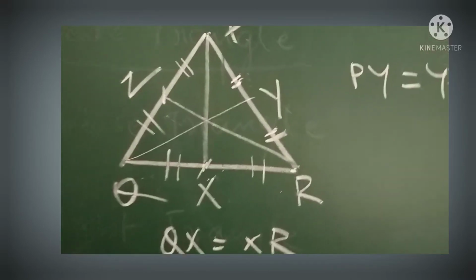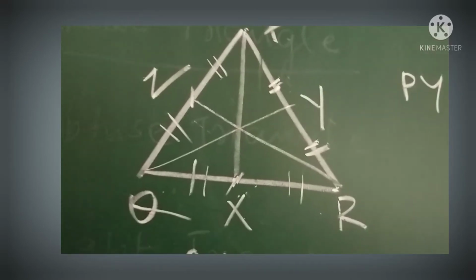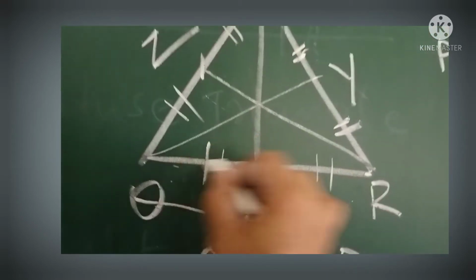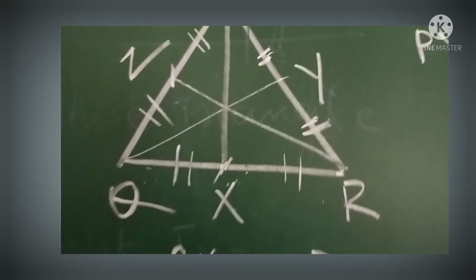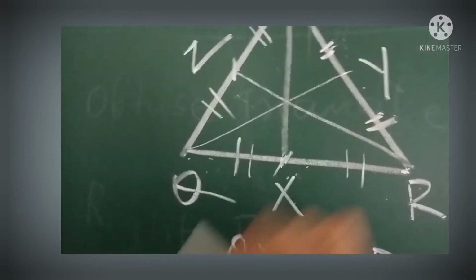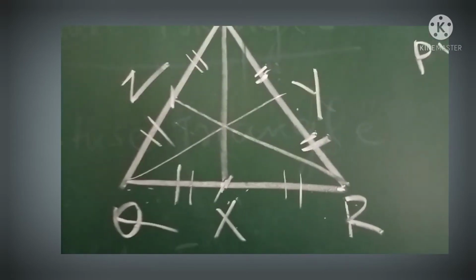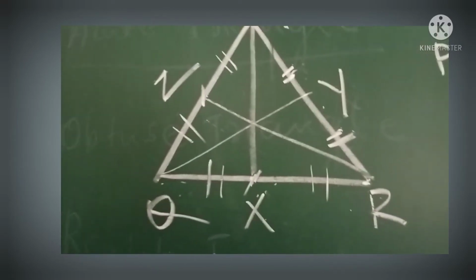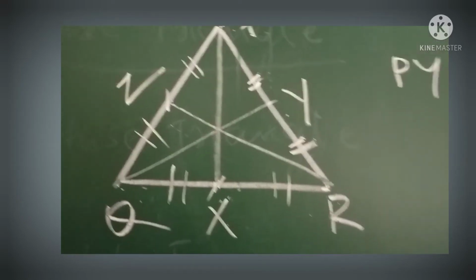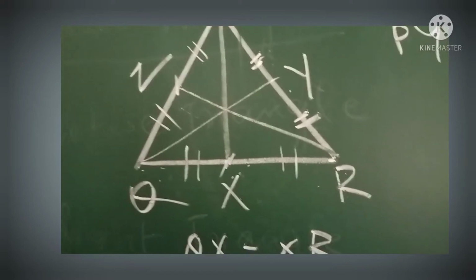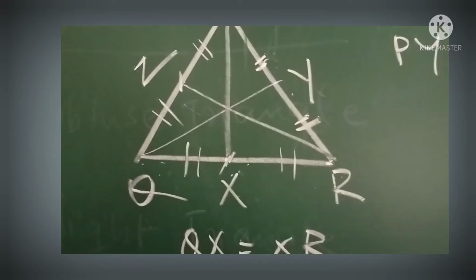So we can define a median as the line segment joining one vertex to the midpoint of the opposite side. Here PX, QY and RZ are the medians of this triangle PQR. So this is the main concept about median. How many medians are there for a triangle? There are 3 medians for a triangle.